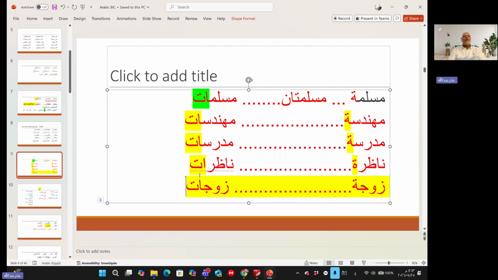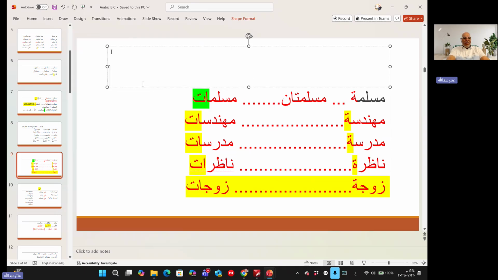Now, for the female, this will come to the default. Remember what was the default for the singular? We had the dhamma, the fatha, and the kasra. The dhamma, the fatha, and the kasra that were used with the singular, we will use them with the female plural. So this is the sound female plural, and we said that this has a fixed format with adding an alif and ta.